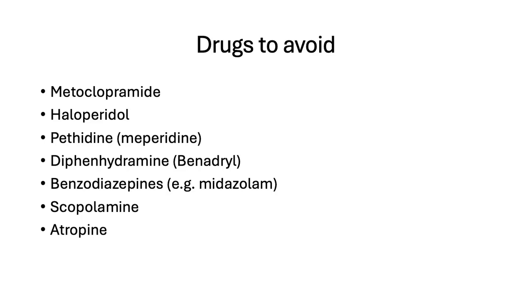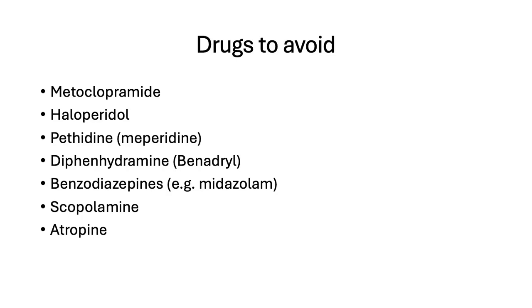The problem with these drugs is that they can cause the patients to develop issues with their muscles, so they can precipitate a neuroleptic malignant type of syndrome. They can have dystonia. So these drugs are really undesirable in the elderly population. So if you want to give them an antiemetic, it's better to give them ondansetron. That's a better drug to give in these patients.